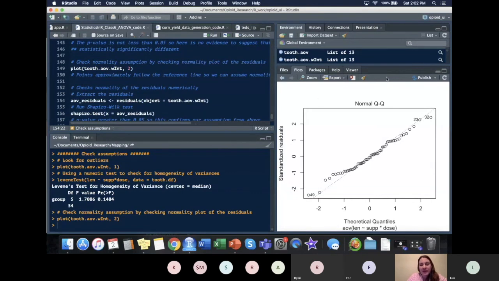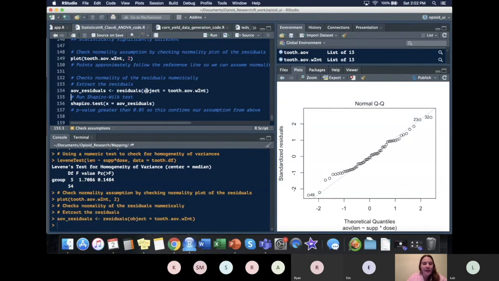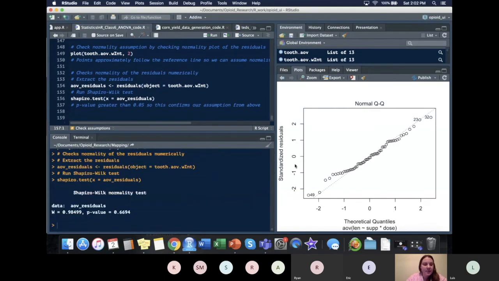So now to check this normality numerically, as we did before, we'll run the Shapiro-Wilk test. So we're assigning our residuals from our model to this object, running that. And now we are going to run on those residuals a Shapiro-Wilk test. So here, our p-value is 0.66.